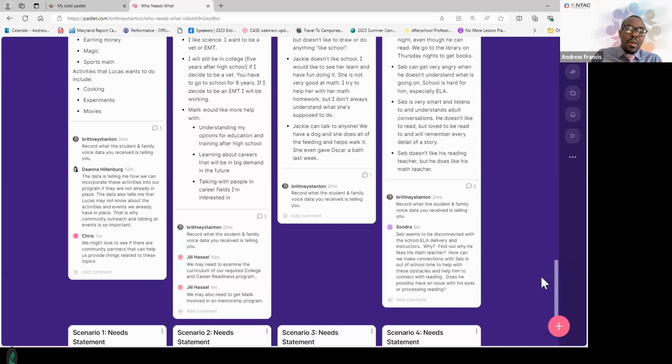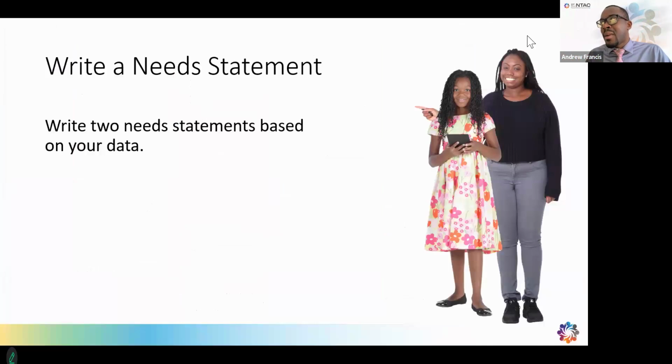Also looking at anything else in terms of misconceptions or general challenges that could help us frame the need some more in a statement that then informs the development of a specific program goal. Those are my thoughts.